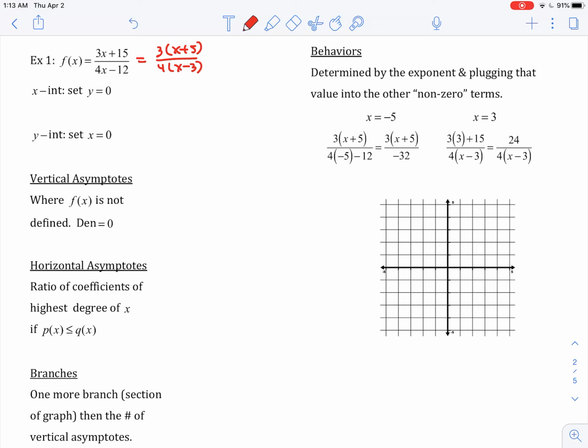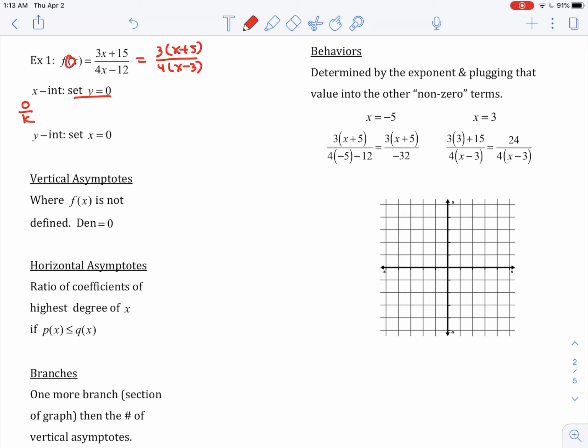If we want to find an x-intercept, we can find one for any graph if it exists. We always set y equal to 0. If I set my f of x, my y value, equal to 0, a fraction equals 0 when its numerator is equal to 0.